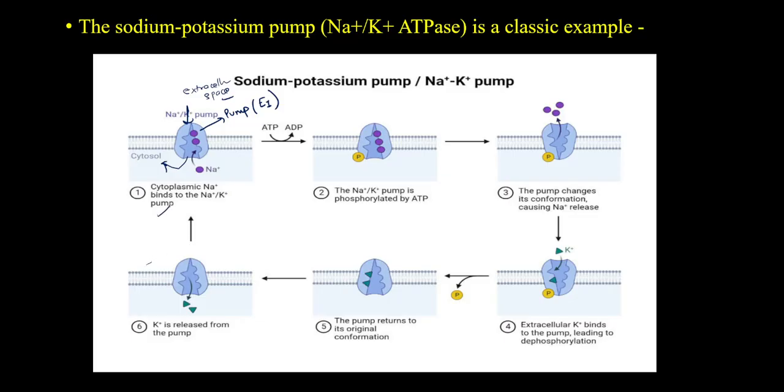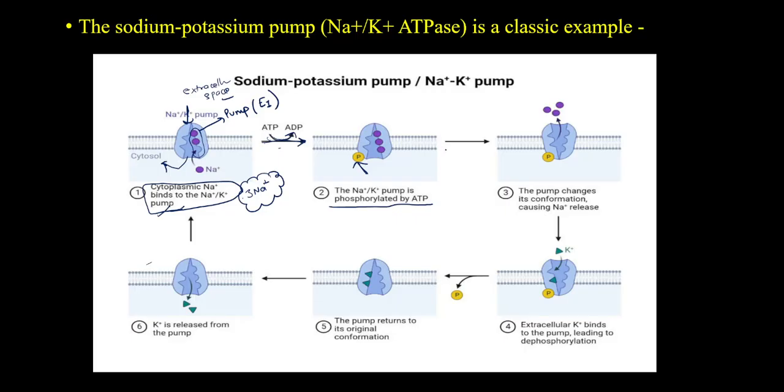Firstly, the cytoplasmic sodium binds to the specific spots which are present here. Three sodium ions from the cytosol bind to the pump, then ATP will provide the fuel for this translocation, and this pump will become phosphorylated. Okay, we can say the sodium potassium pump is phosphorylated by ATP.